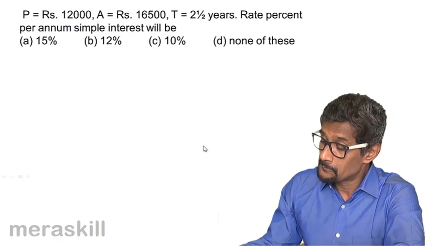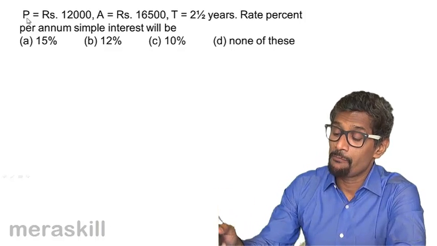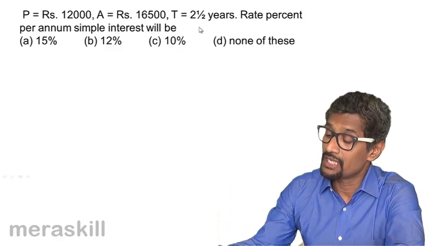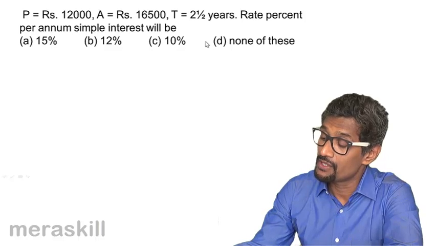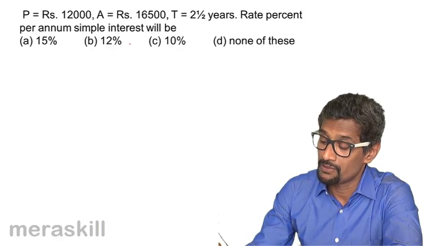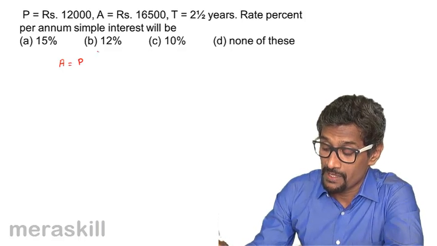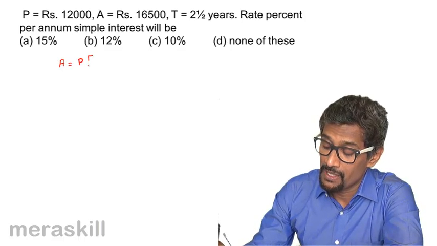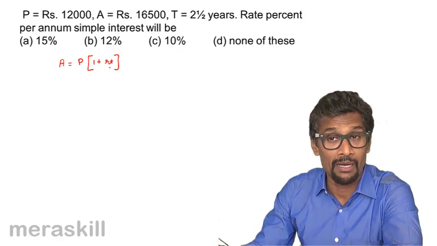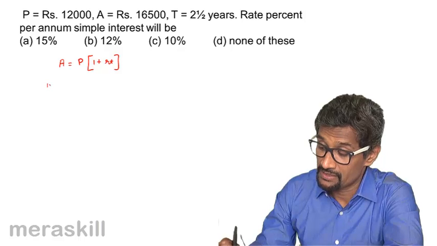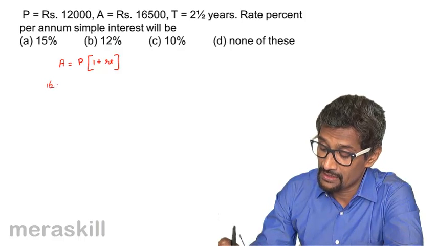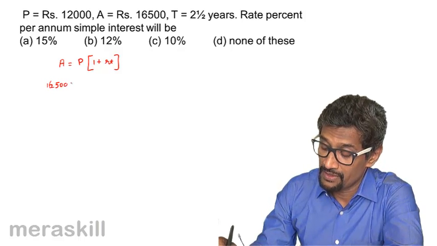Okay. Here we have P is equal to 12,000, A is so and so, T is 2.5 years, rate percent per annum, simple interest would be what? So we know A would be equal to P plus PIT, which can be written as P into 1 plus RT would be the amount. Now this has been given as 16,500.